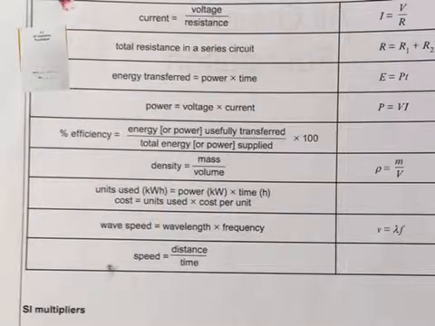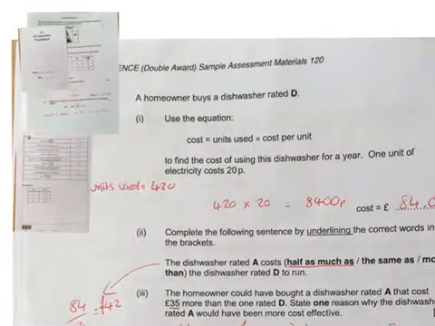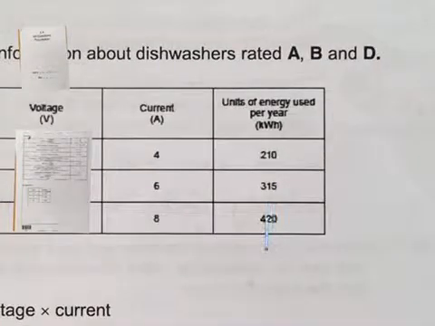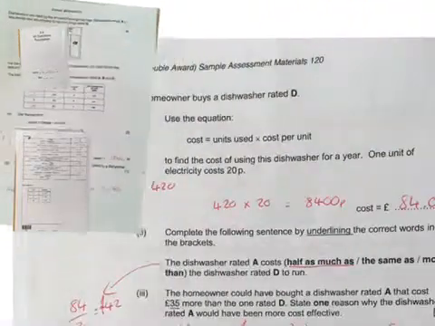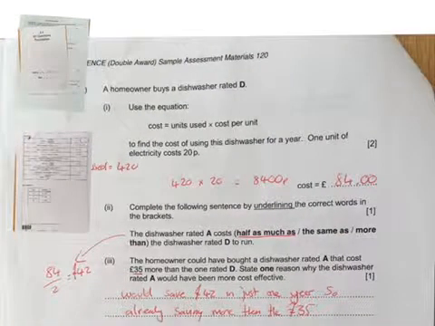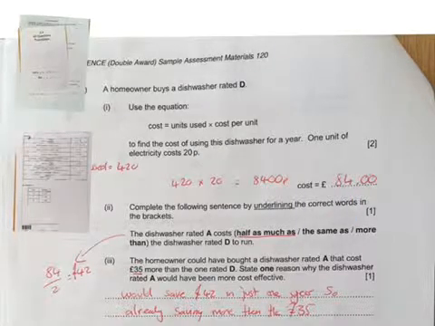This one is the one we want. So it's just a case of 420 times 20 pence. My 420 I've got from my table, 420 units there, because it's dishwasher D. And that comes out to be £84 because 8,400 pence is the same as £84.